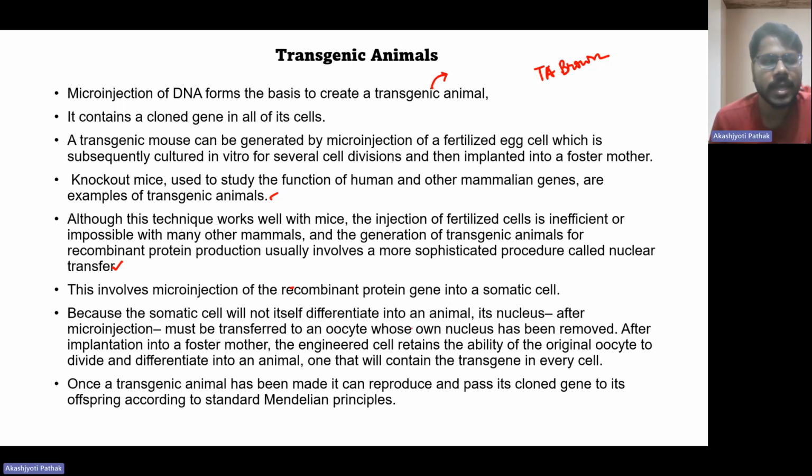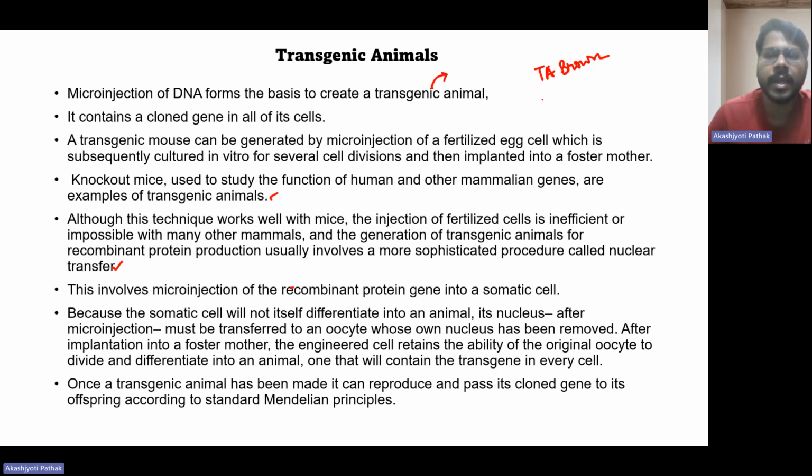Because the somatic cell will not itself differentiate into an animal, its nucleus after microinjection must be transferred to an oocyte whose own nucleus has been removed. Now, consider the difficulty of micro-injecting DNA into an oocyte.